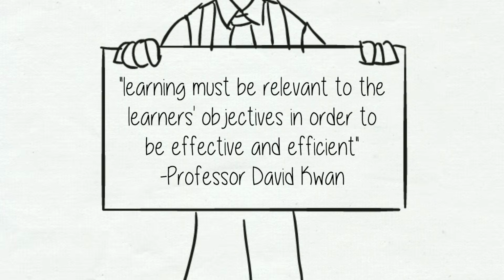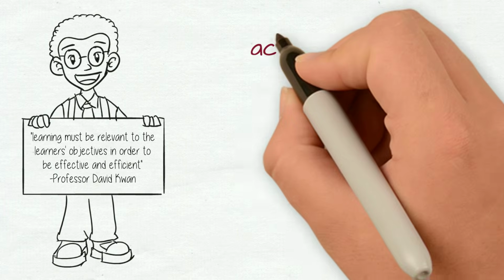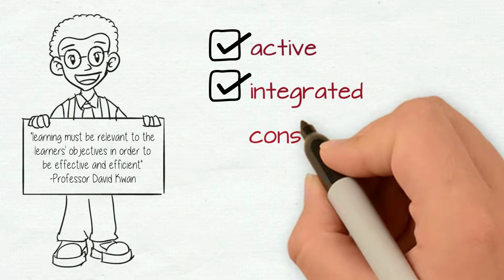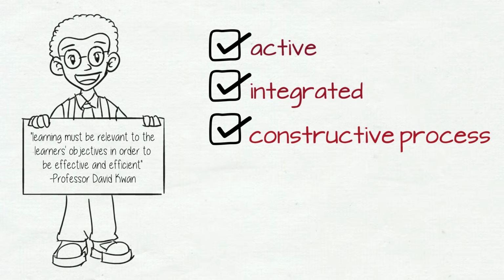According to Professor David Kwan, learning must be relevant to learners' objectives in order to be effective and efficient, so it's important for the problem or activity to be relatable. In order for learning to occur at all, it should be active, integrated, and a constructive process, which is influenced by both contextual and social factors.